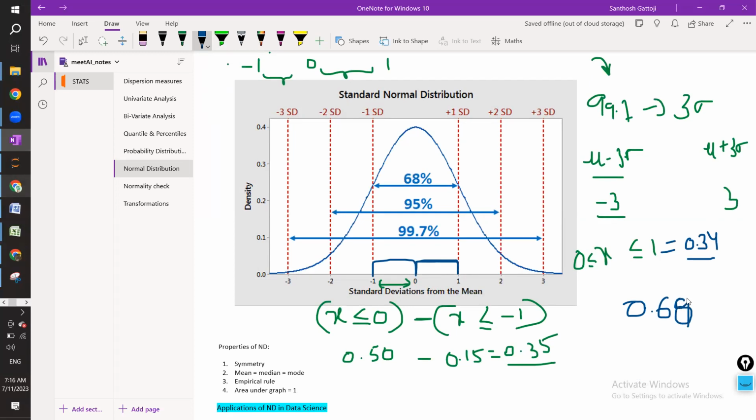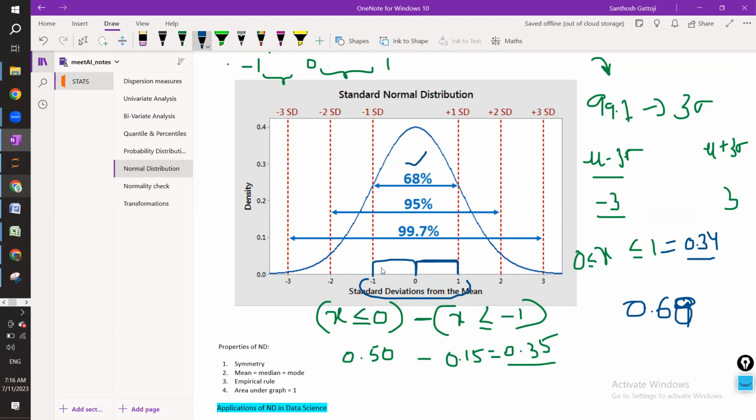So now we have clearly seen practically that 68% of the data is found within one standard deviation. Agree? Between minus 1 to 1, which is one standard deviation for the standard normal distribution, guys. 68% of the data is clearly found, which we have clearly seen.